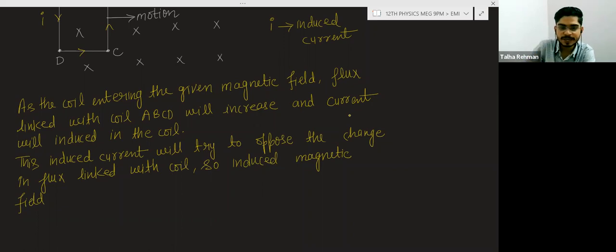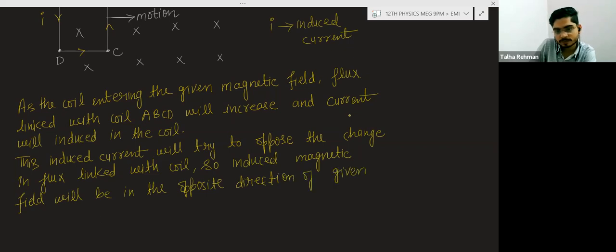Okay, so the induced magnetic field will be in the opposite direction of the given magnetic field.